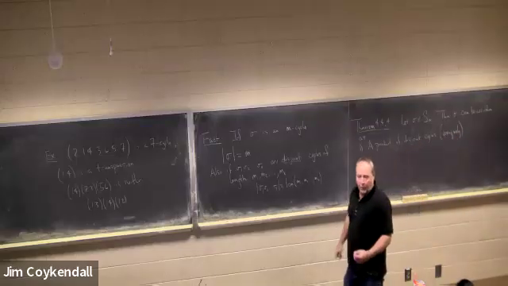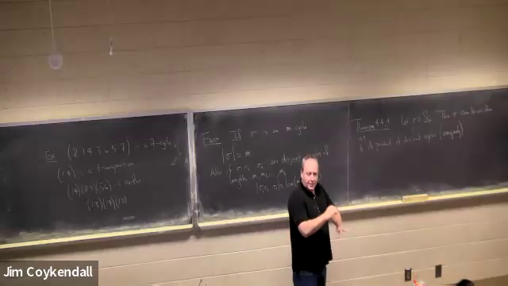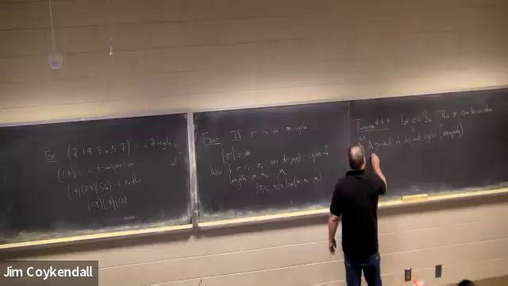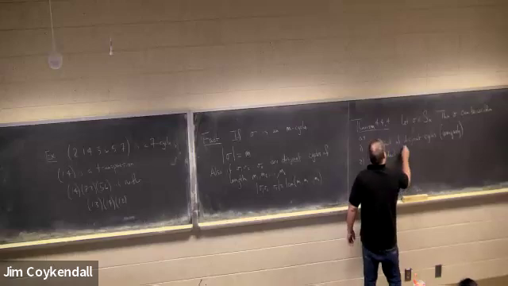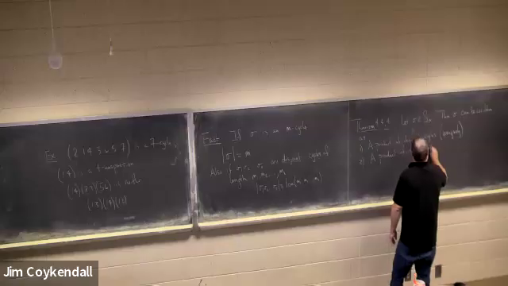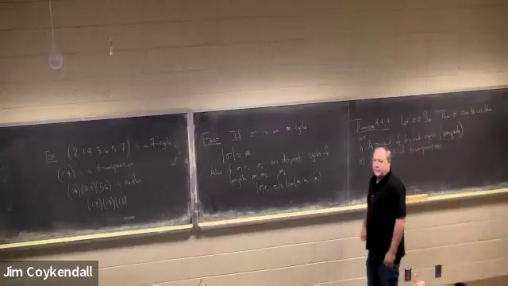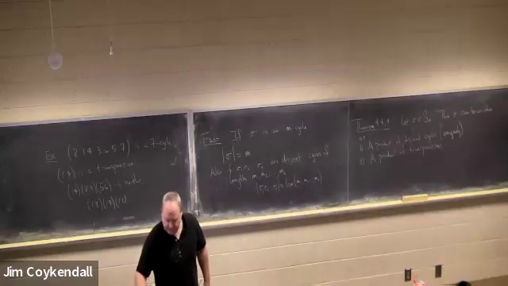And when I write something in SN as a product of disjoint cycles, there's only one way to do it, up to permuting the cycles. Two, a product of transpositions. Not necessarily, or not uniquely. Like never uniquely, really.